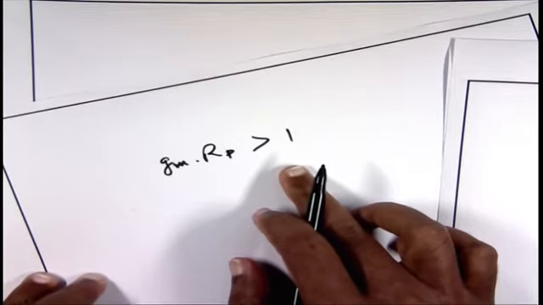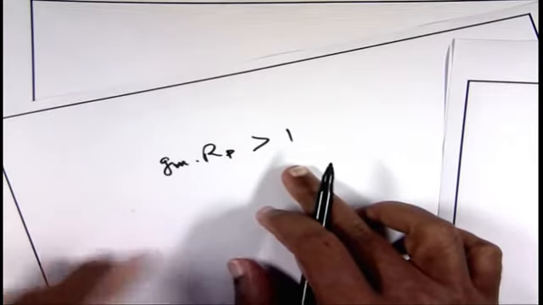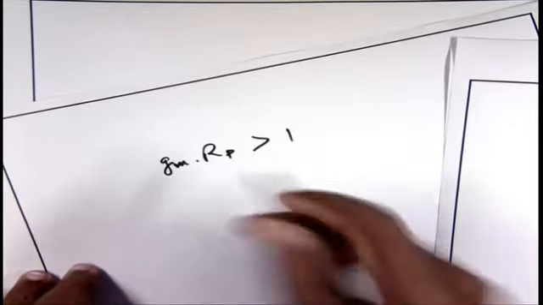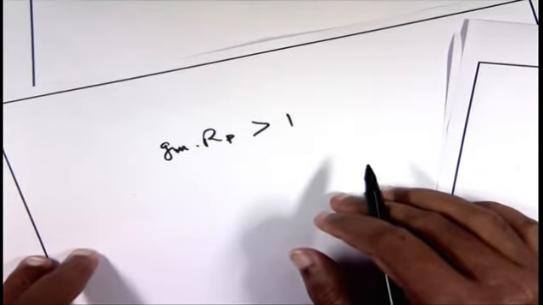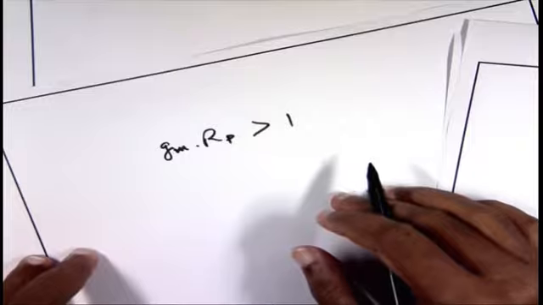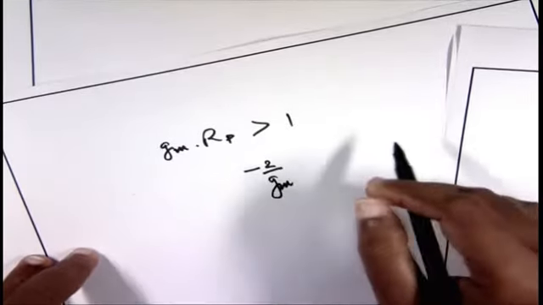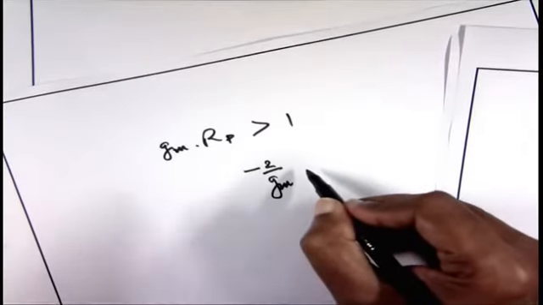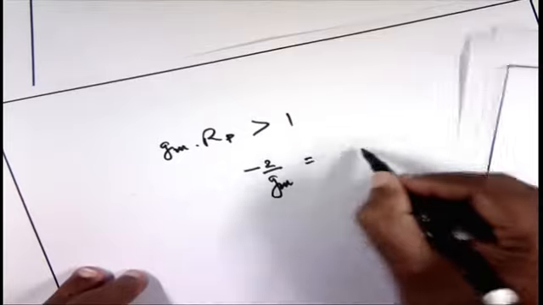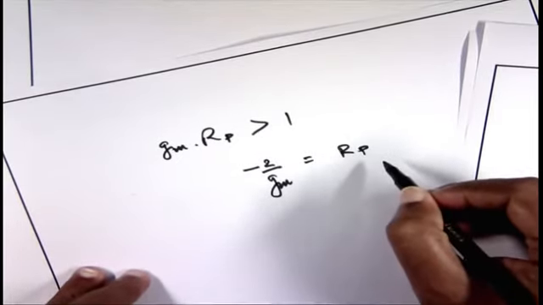But the scenario is actually worse, because first of all we are not considering the output impedance of our cross coupled transistor pair. The cross coupled pair gives a resistance of -2 by GM, and this resistance has to nullify the parasitic parallel resistance of the inductor.